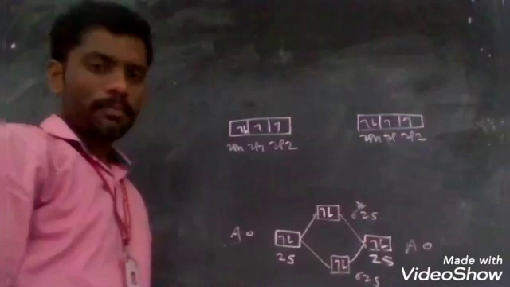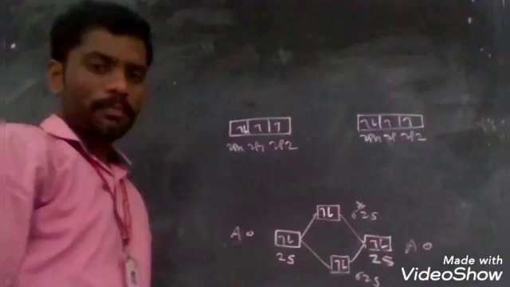Then the electronic configuration of oxygen molecule. We know that 1s is a lower energy orbital. It does not take part in chemical bond formation, and that's why for the 1s letter K is written here. Next electrons enter into the sigma 2s.